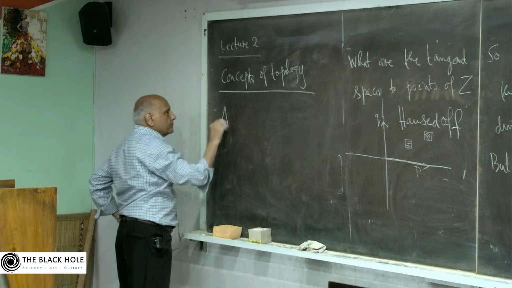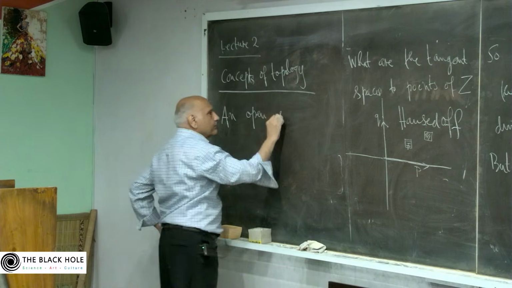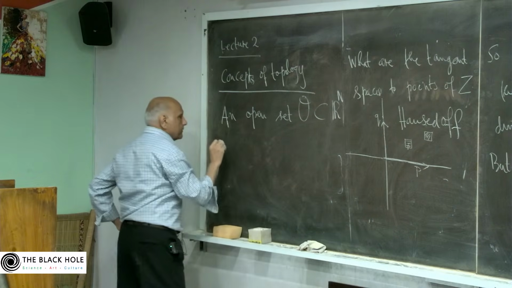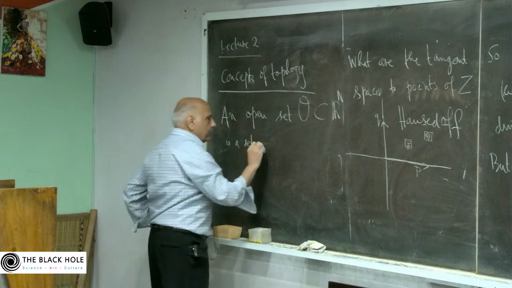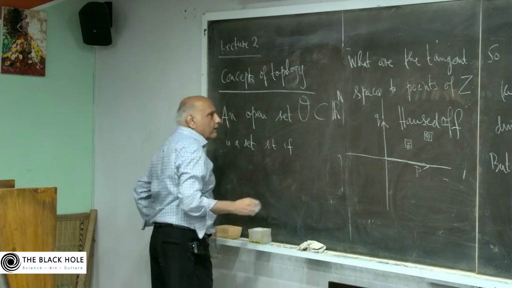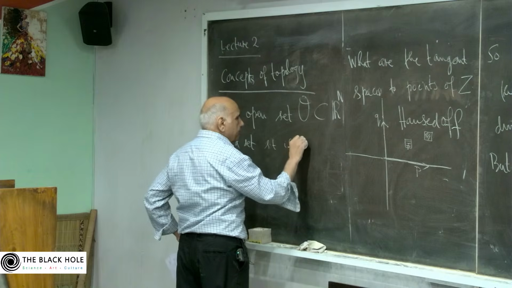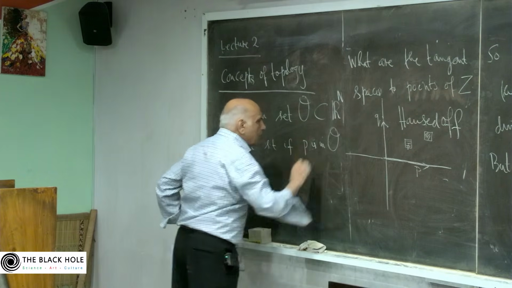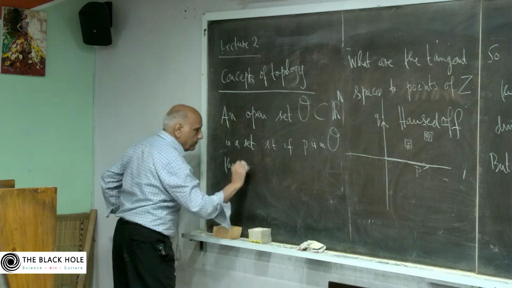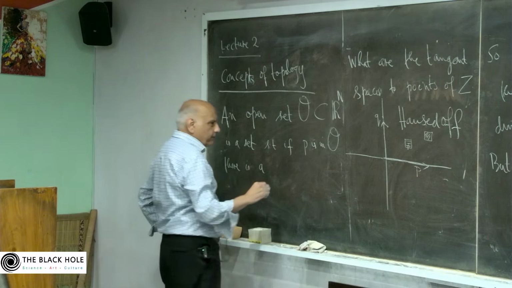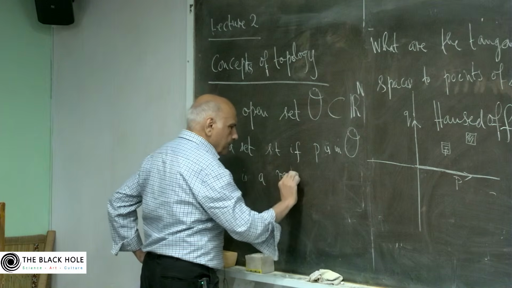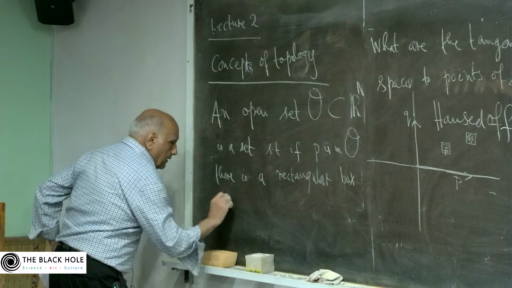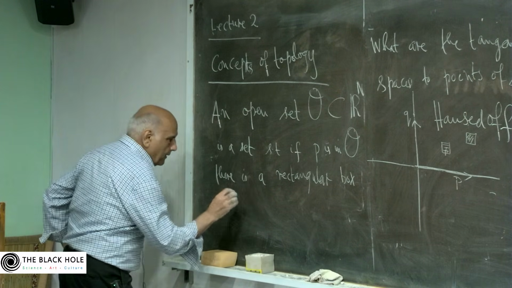An open set O of Rn is a set such that if P is in O, there is a rectangular box around it.